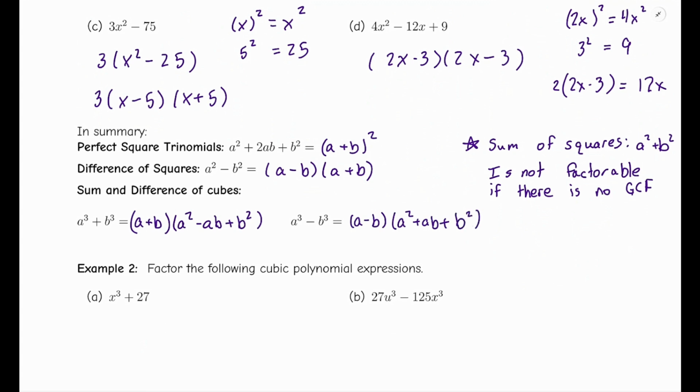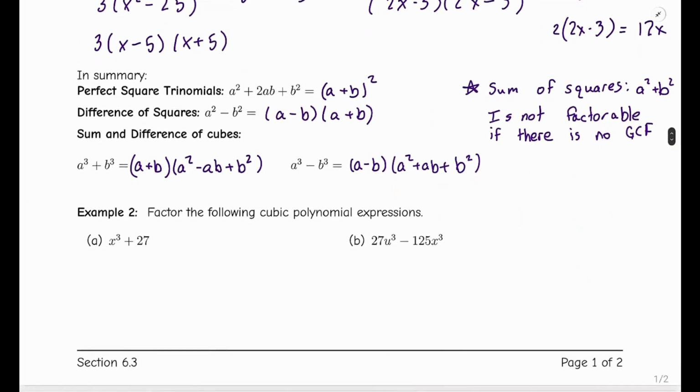So in general, you'll have a squared, a times b, b squared. And then the first sign will match the sign from the binomial. The second sign will be the opposite of that sign, and the third sign is always positive. That's how I have those two formulas down in my brain.